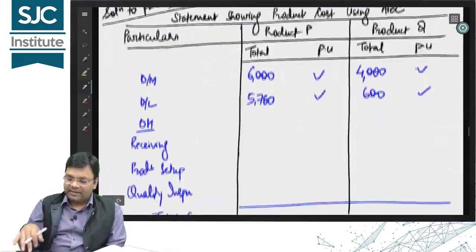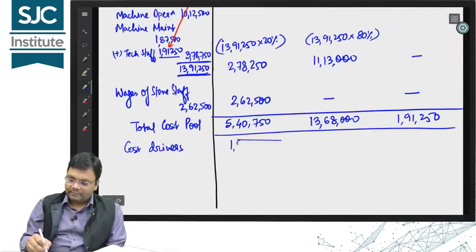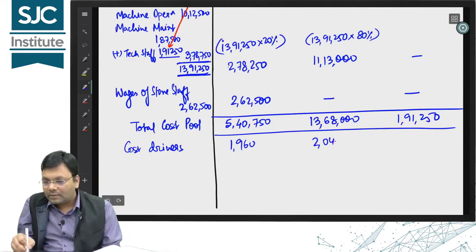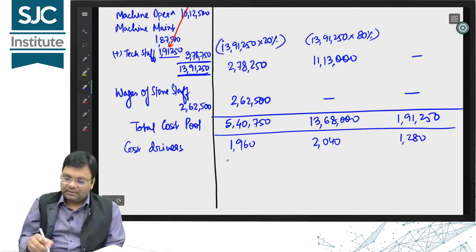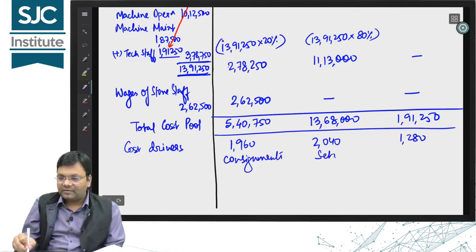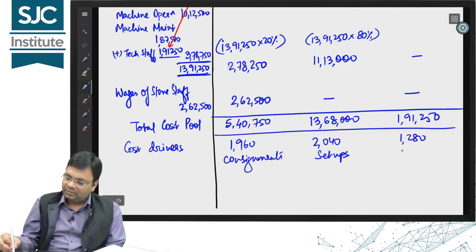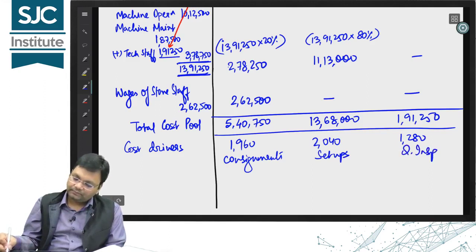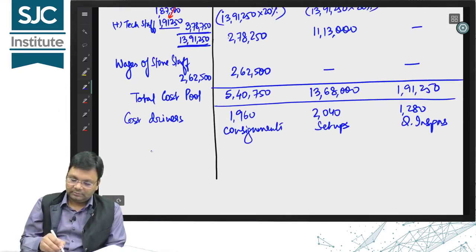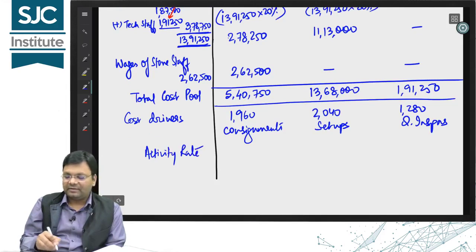So first will be 1960, 2040, and lastly it is 1280. This is 1960 consignments, 2040 setups, and 1280 quality inspections. Now from this you divide and find out the activity rate. Please tell me the answers of all three.